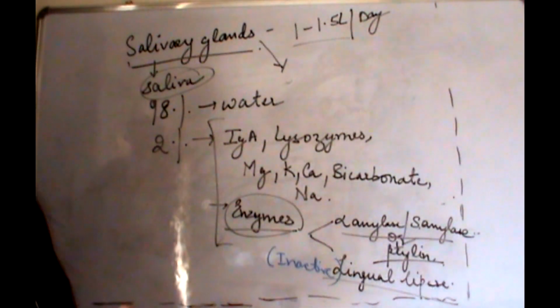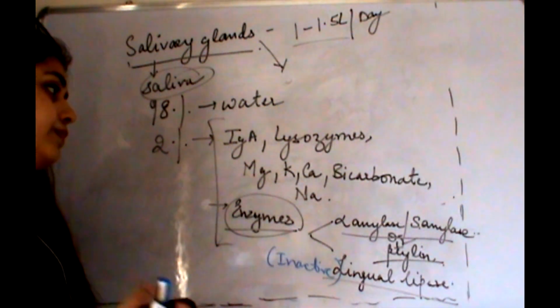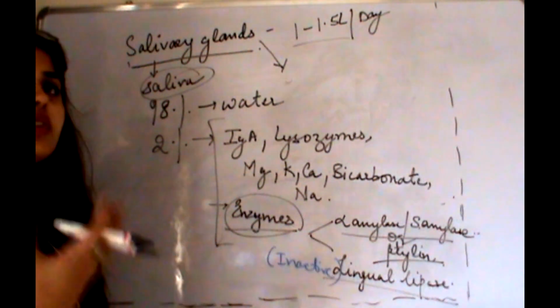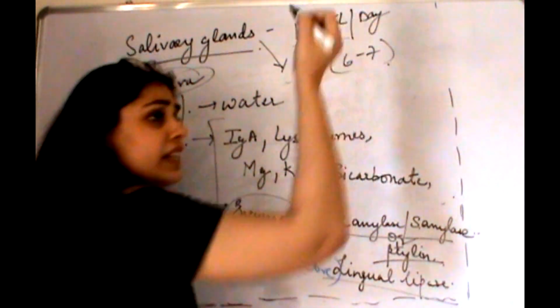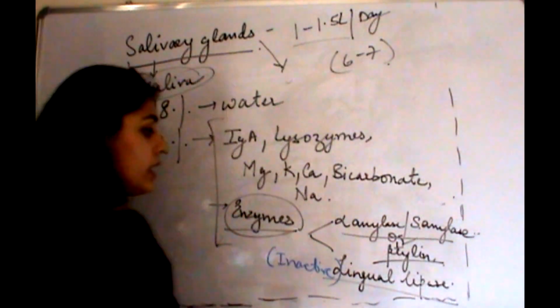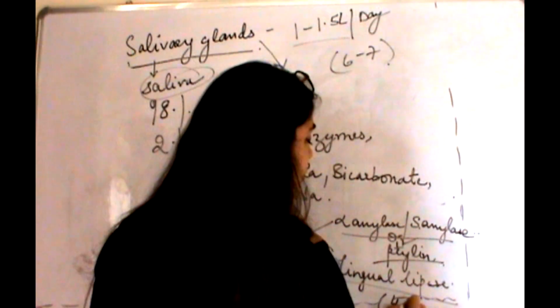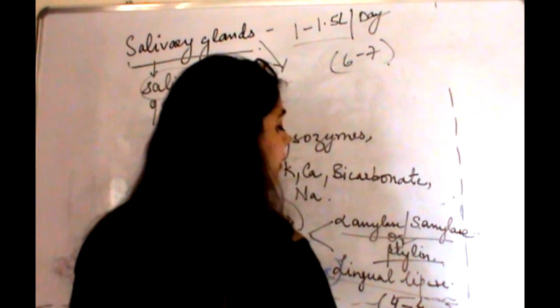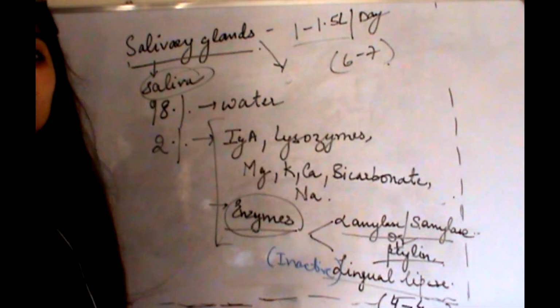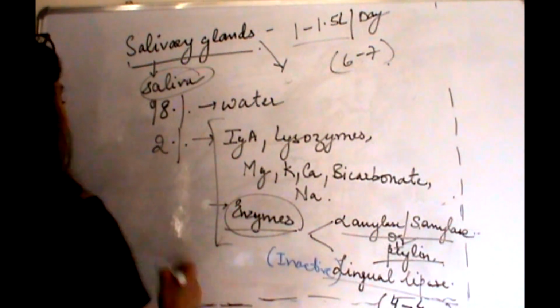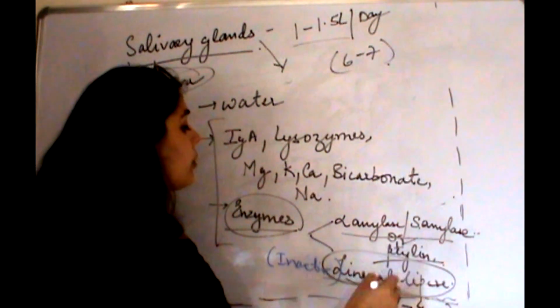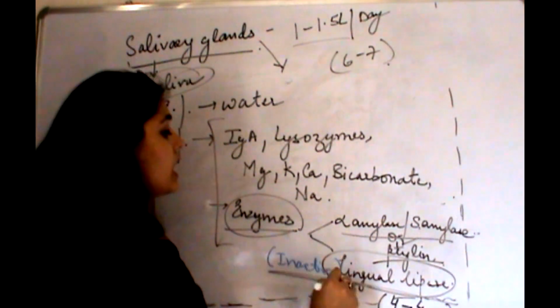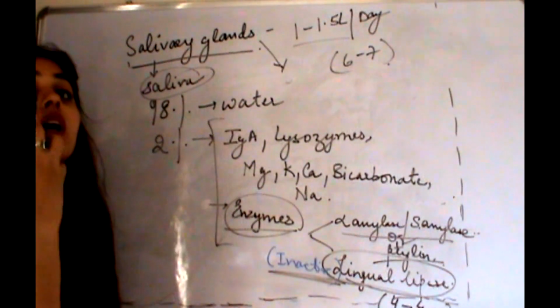In our mouth the pH is 6 to 7, so it is slightly acidic. But lingual lipase works at a pH of 4 to 4.5. So if the pH is 4 to 4.5, it will only be activated then. It is present in the inactive form in our buccal cavity.